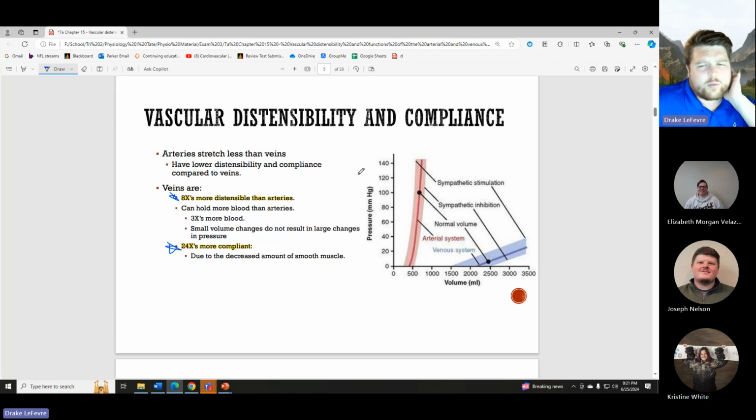And smooth muscle, remember, which one has more smooth muscle, the veins or the arteries? Arteries. So when our nervous system gets involved, we're going to be focusing on messing with the arteries. So we're going to either constrict or dilate, relax that smooth muscle in order to get the blood to go where we need it to go.